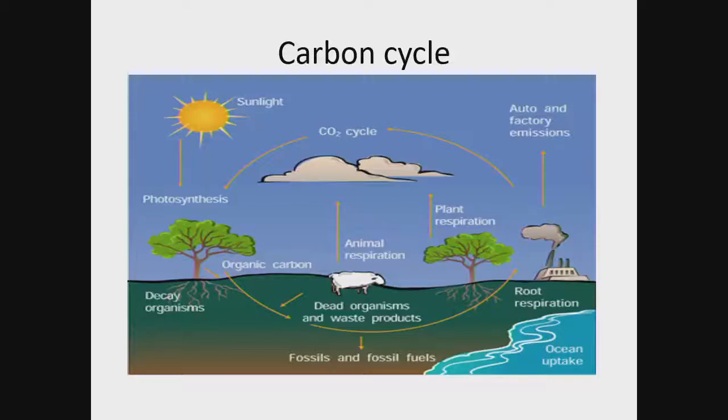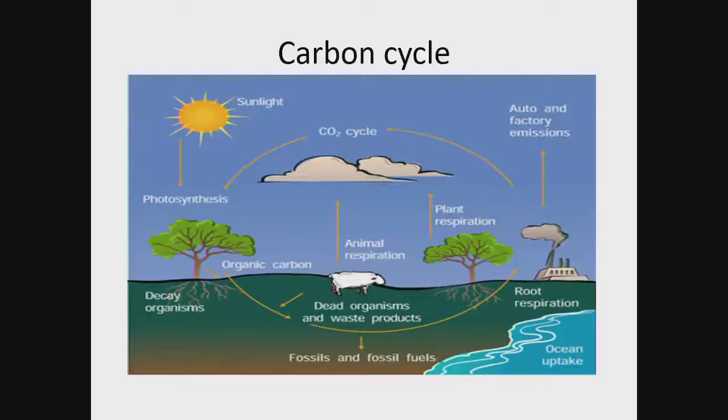When fossil fuels are burned by the process called combustion, they release carbon dioxide into the atmosphere. Now, plants also respire because plants also contain mitochondria, so they release carbon dioxide back into the atmosphere.